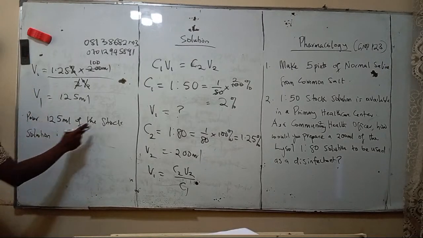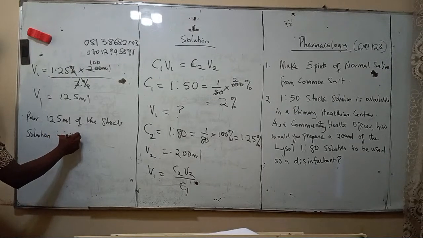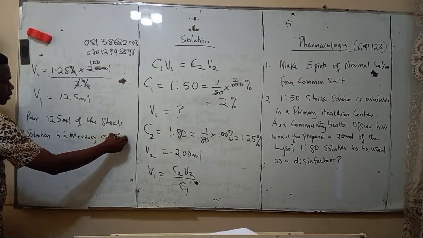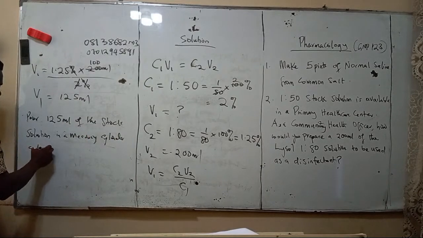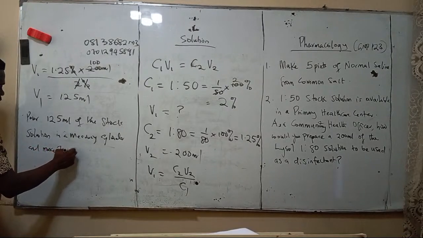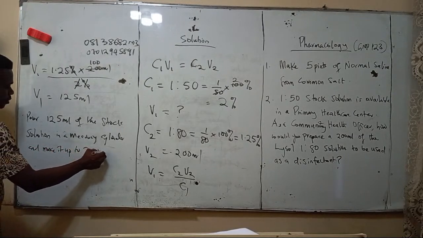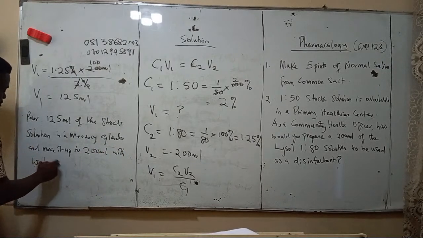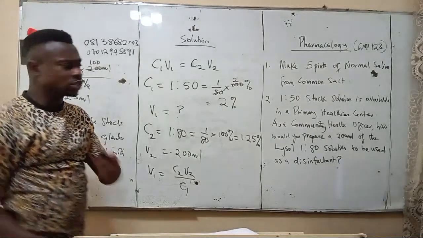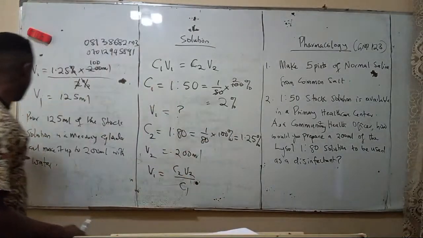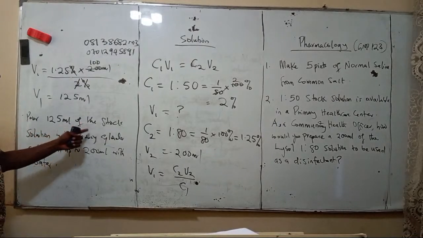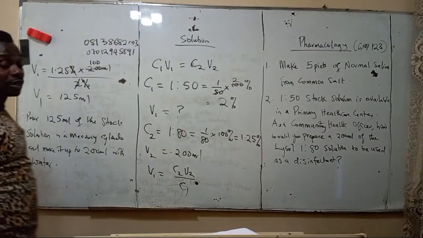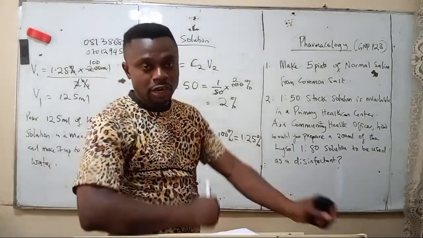Pour 125 ml of the stock solution in a measuring cylinder and make it up to 200 ml with water. Simple. If this question is an essay question, after solving, this is how you put it. Pour 125 ml of the stock solution in a measuring cylinder and make it up to 200 ml with water. You are good to go.